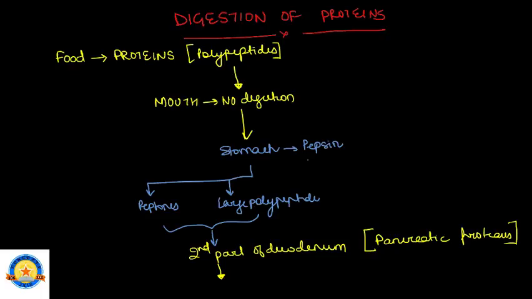So first of all, in the mouth, no digestion; in the stomach, pepsin divides into peptones and polypeptides. Now they are acted upon by pancreatic enzymes. The pancreatic enzymes will divide into three parts.